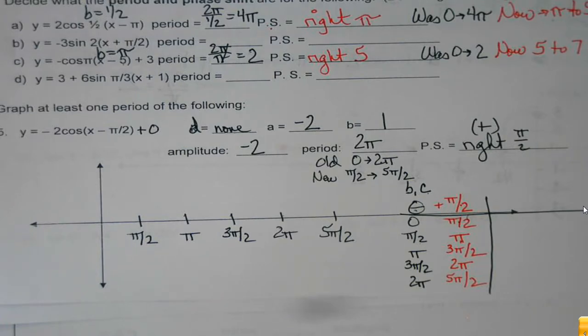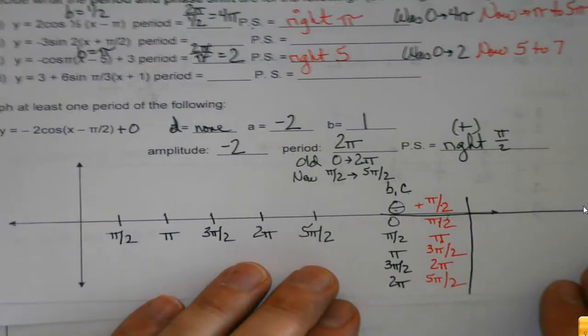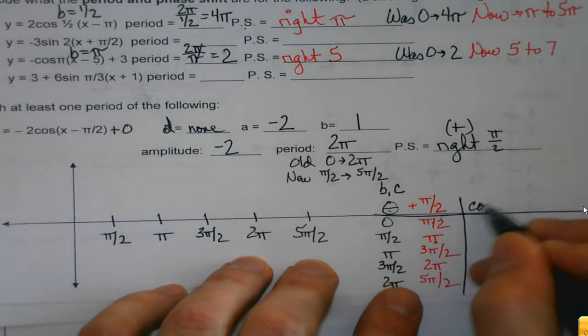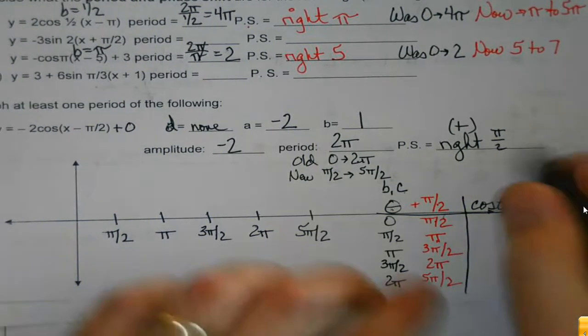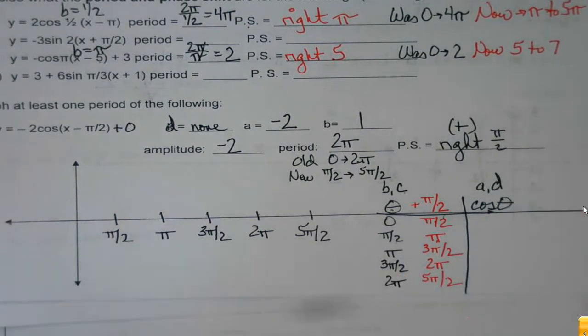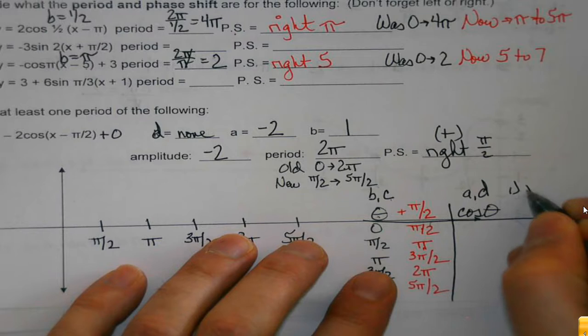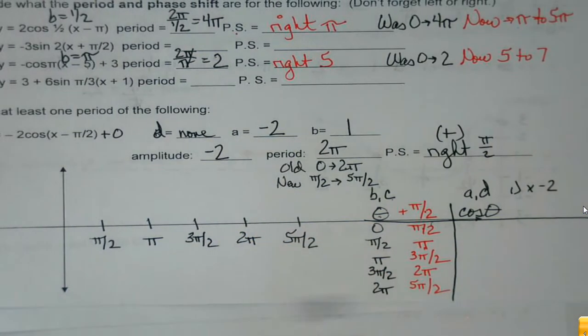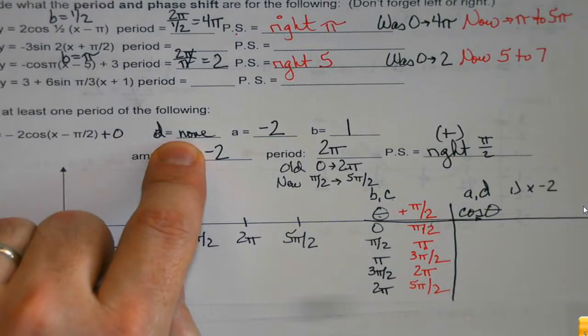So we've got our angle measures ready. The other part, a nice deep breath, is going to be easy compared to what we just did. Because now when I do cosine of theta, remember, that's my A and D values. So I got to multiply by -2, but there is no vertical shift.